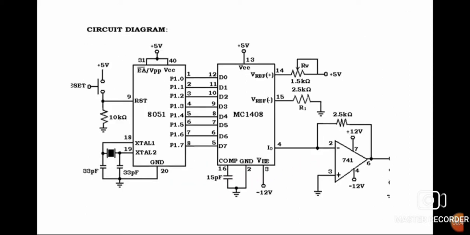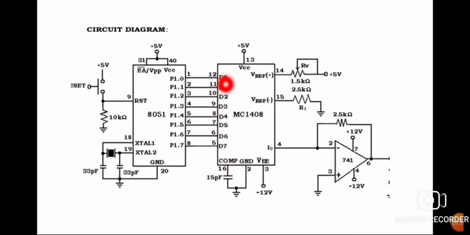Let us see the circuit diagram, that means the interfacing diagram shown here. This is the 8051 microcontroller. We are going to use port 1, pin 0 to pin 7, as an output port. From this port the output is connected to the MC1408 IC.